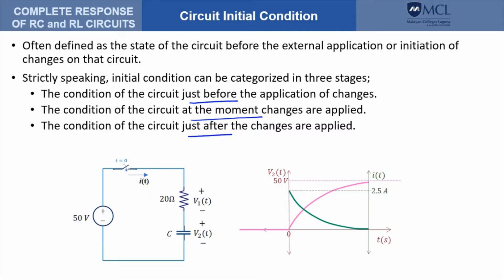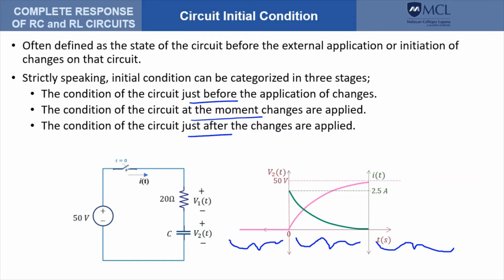Our circuit is in steady state before t equals 0, and then after the application of the voltage, it underwent a transient state, but eventually it returns to a new steady state. So what is the initial condition of the circuit?